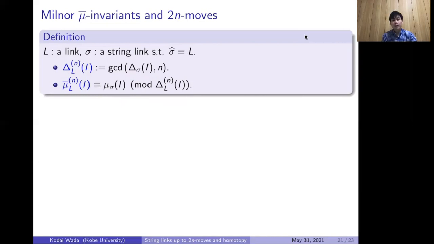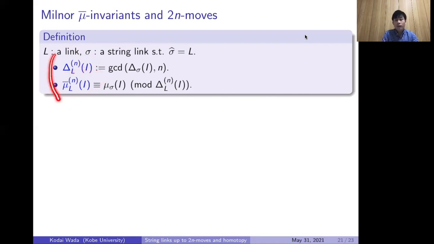By the theorem in the previous page, these numbers are invariants of the link L. We call this invariant the delta N invariant of L. We also call this the mu-bar N invariant.